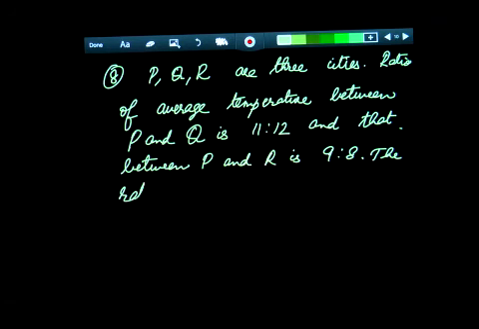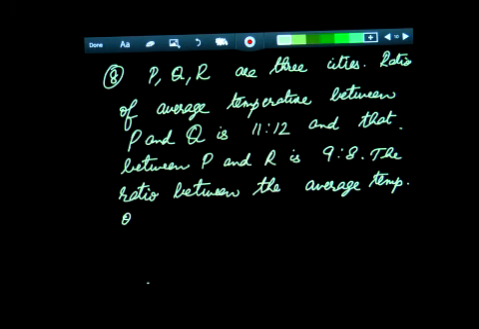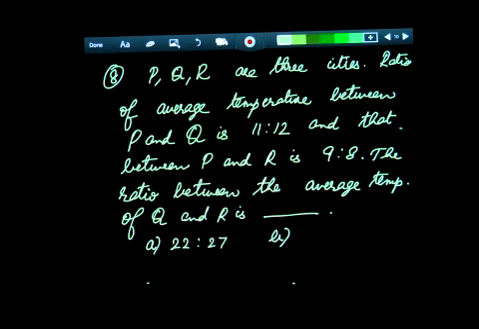We have to find the ratio of temperatures between Q and R. So in both the cases we have P common, we have to divide both. Since they are asking to find Q and R, we have to take P by R by P by Q. So if we are reciprocaling, we will get Q is to R.